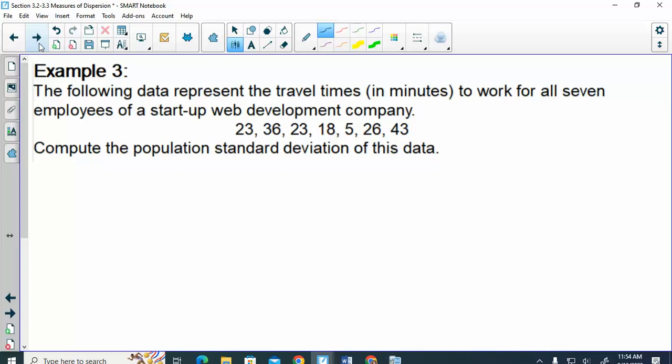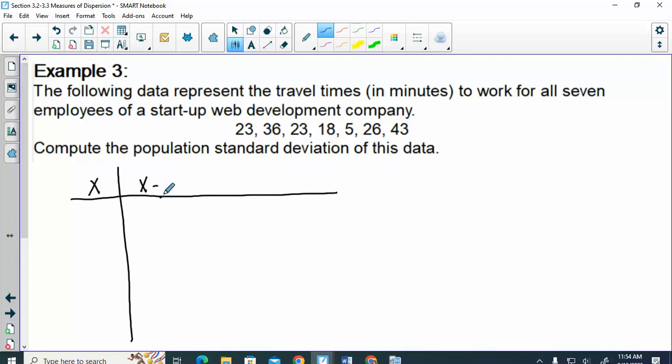We have the travel times for our employees, and I want to find the population standard deviation. So when I have you do this, I would have you make a table, and I would put 3 columns on it. So I'm going to have one column for x, that's each value.